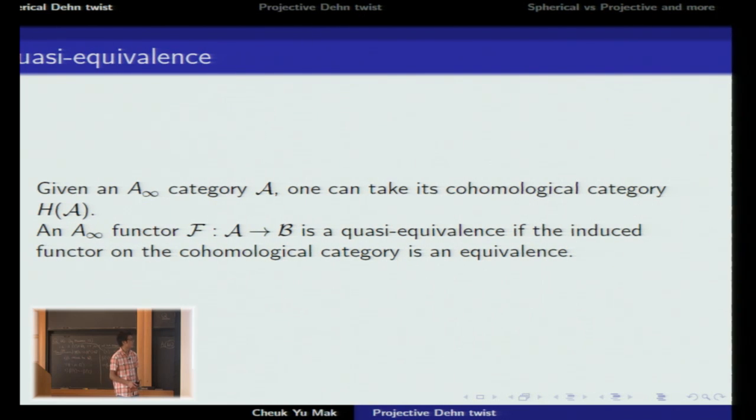So you can take the cohomological category, and an A infinity functor is a functor satisfying A infinity relations which induces a cohomological category equivalence. So basically we have symplectic manifold, symplectomorphism, A infinity category, quasi-equivalence.